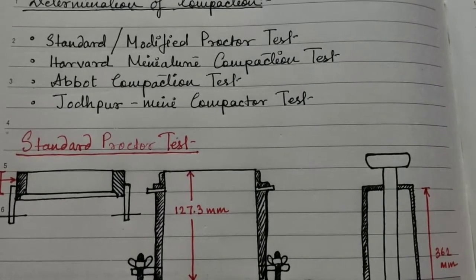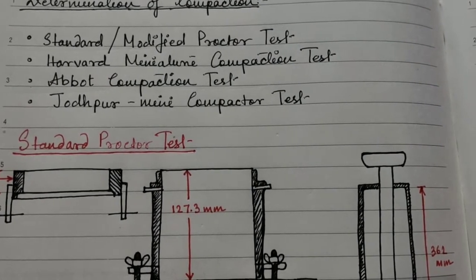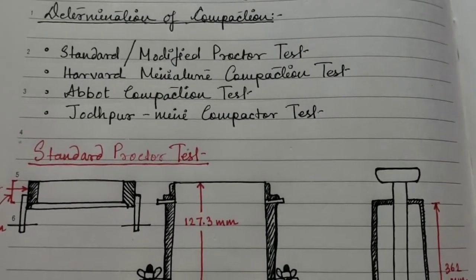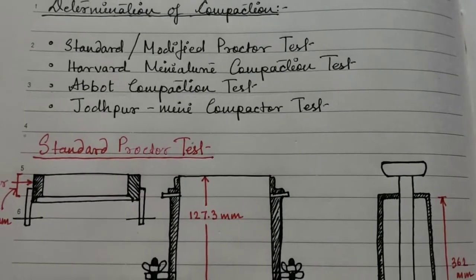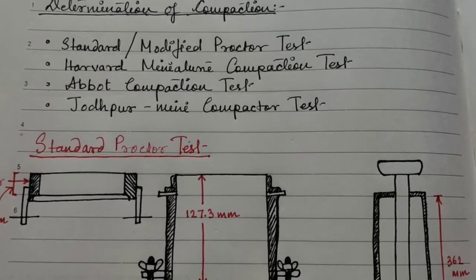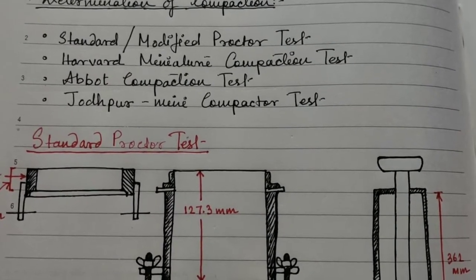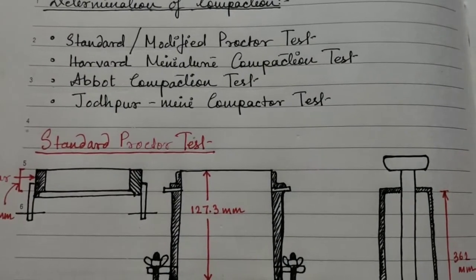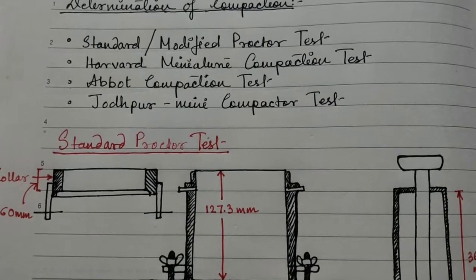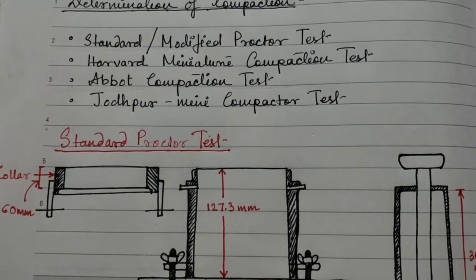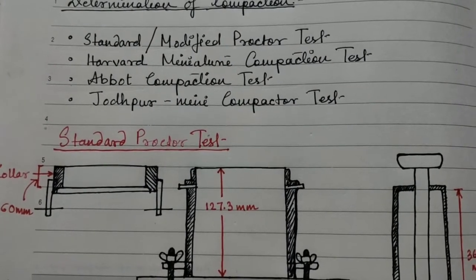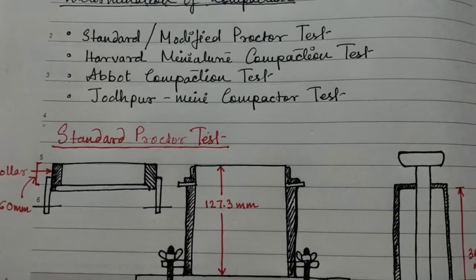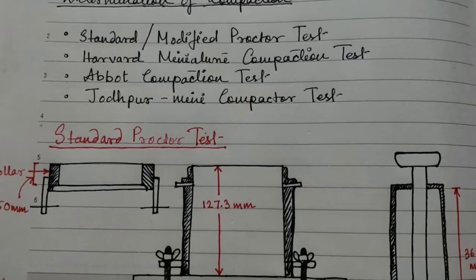This water acts as a lubricant between two soil particles, which helps the soil to come into closer contact with each other. The main focus of compaction is to release the air which is present in the voids of the soil. As you have studied in the previous soil mechanics, the soil consists of three phases, that is solid, air and water.